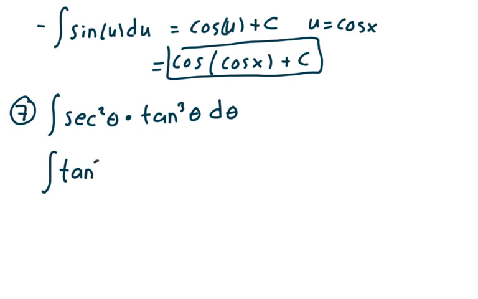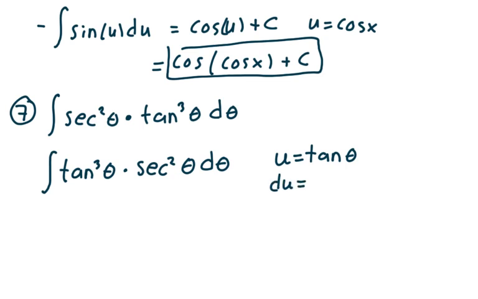I could write this as tangent cubed theta times secant squared theta d theta. And what I'm going to do is let u equal tangent theta. And my du is secant squared theta d theta. That's important.